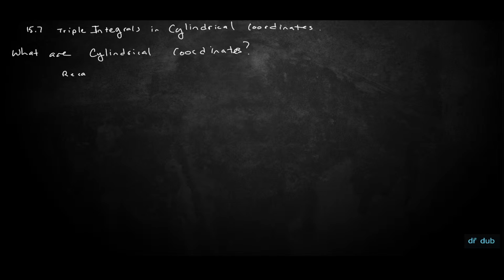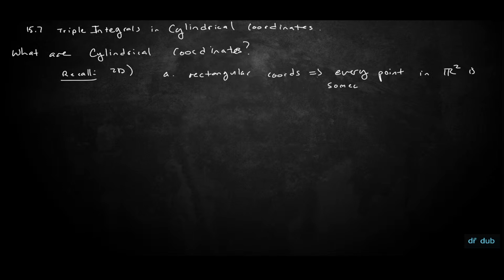So recall, let's say the 2D case. In the 2D case, we had Cartesian coordinates, or rectangular coordinates, and that meant every point in R2 is somewhere on a rectangle.